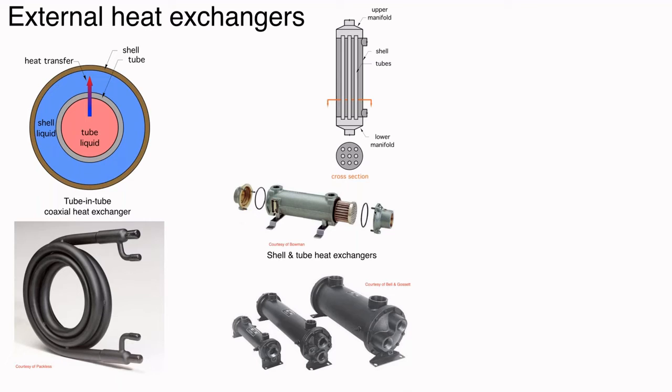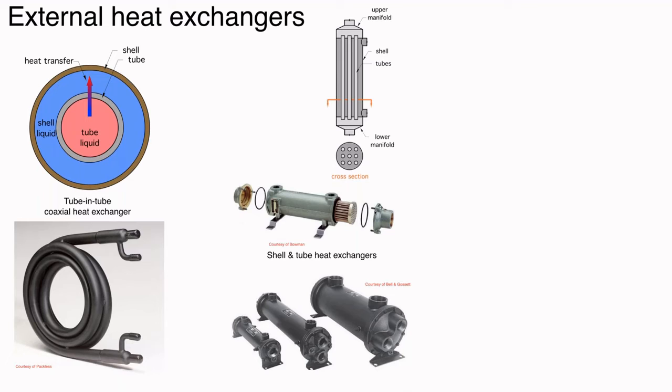And that's a pressure tight seal. At the ends of the heat exchanger, we have these chambers of the lower manifold, the upper manifold, and the fluid comes in, and these chambers essentially just distribute that fluid through the tube bundle. The fluid moves through the tube bundle, and then it's collected by the other chamber at the other end of the heat exchanger. That would be called a single pass tube and shell heat exchanger.